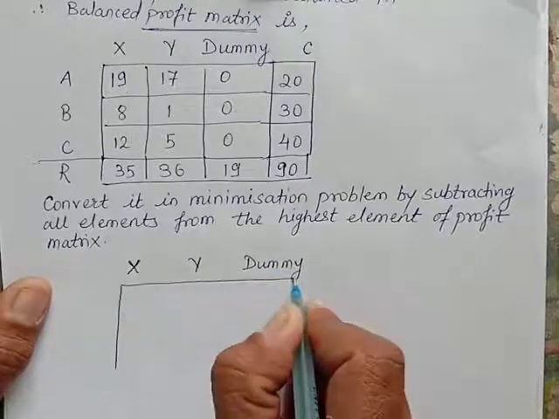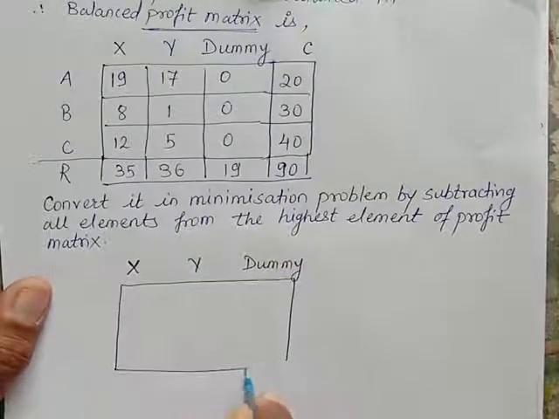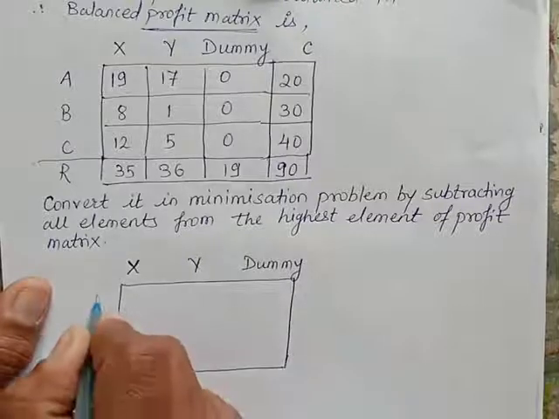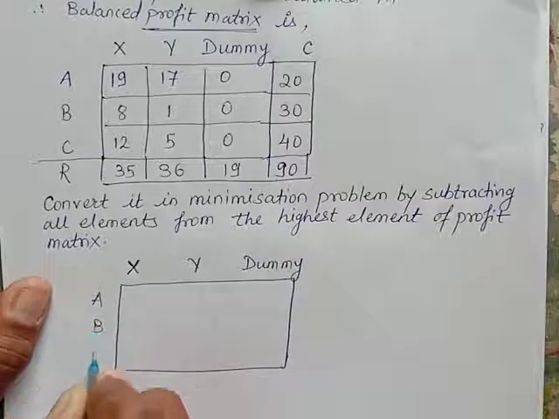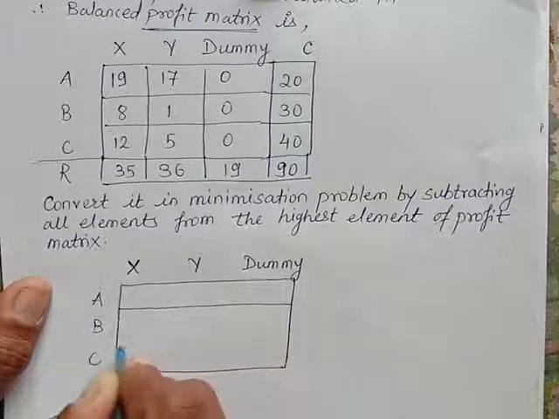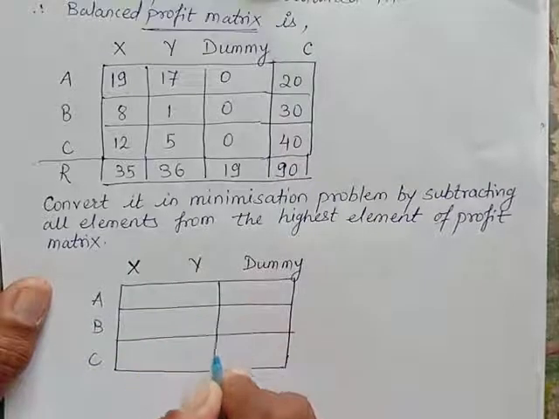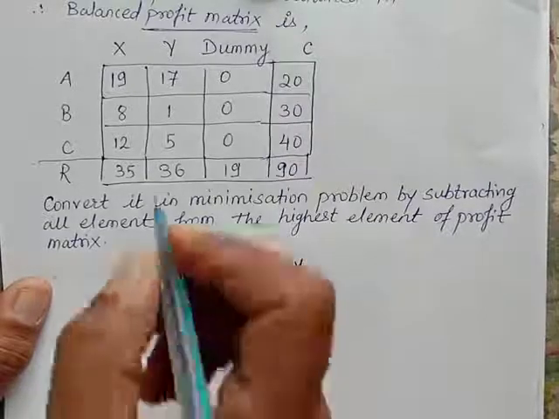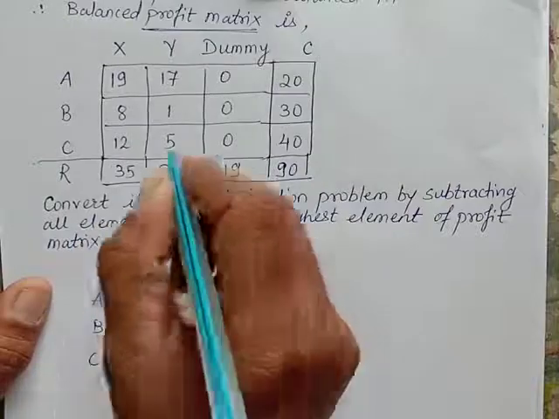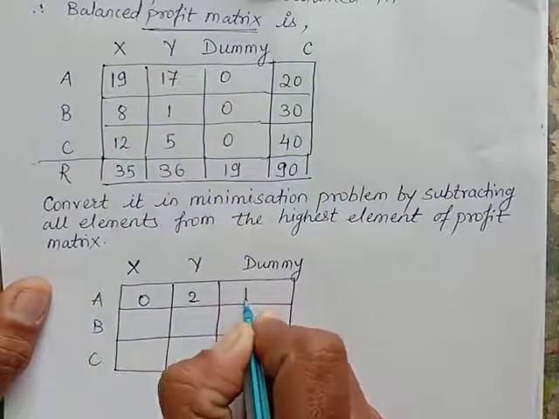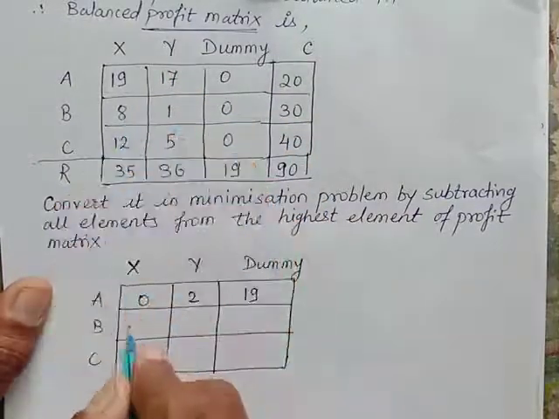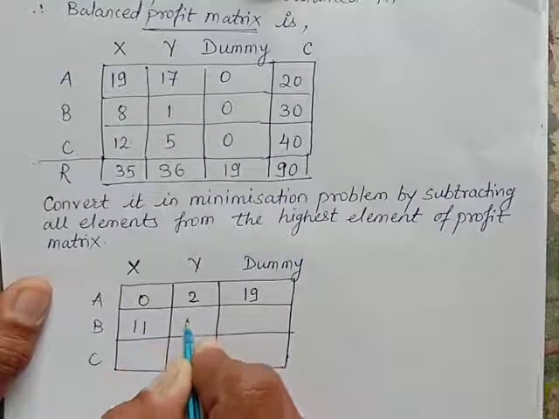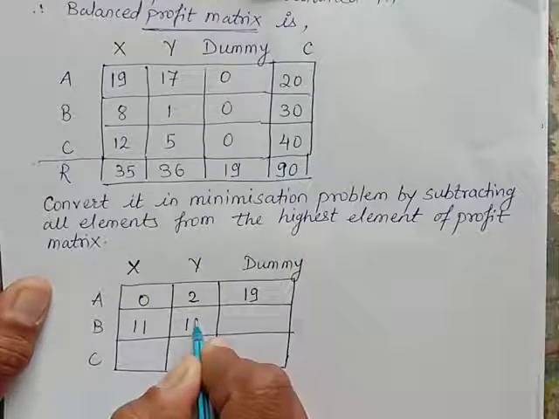So from that we get the matrix. Now 19 minus 19, first entry, will be 0. 19 minus 17 will be 2. Here we get 19. 19 minus 8 will be 11. Here we get 18.